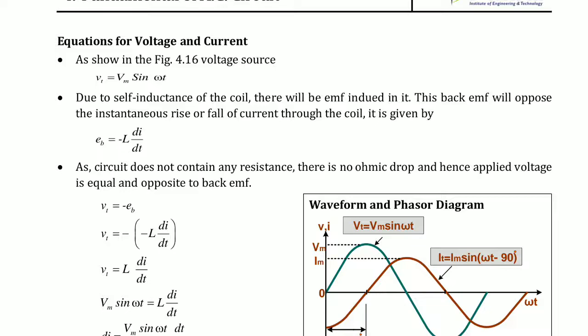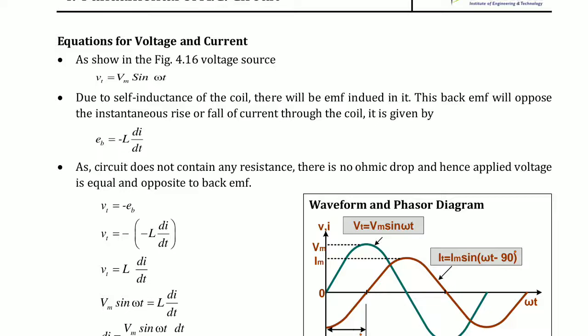That is the back EMF, which opposes the instantaneous rise of current. That means the inductor opposes the sudden change of current.